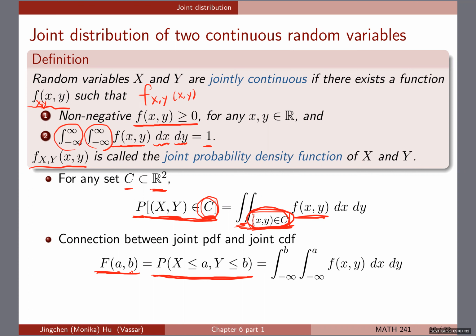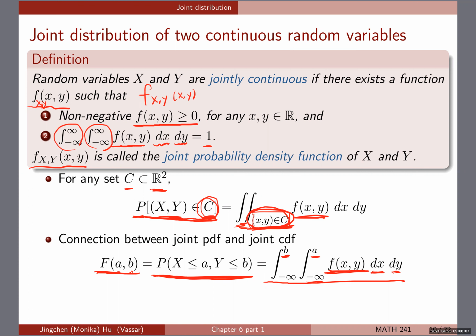Looking at this definition one more time, if we do know the joint PDF, this is equivalent to integrating the joint PDF with respect to x from -infinity to a, and with respect to y from -infinity to b. This is the definition that we knew before about the joint CDF, and now since we know the joint PDF, for continuous random variables we can do the integration to get it.